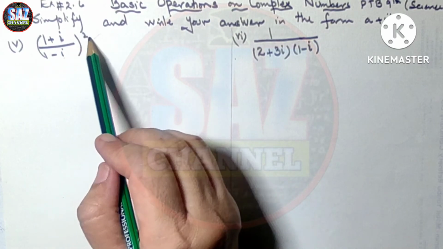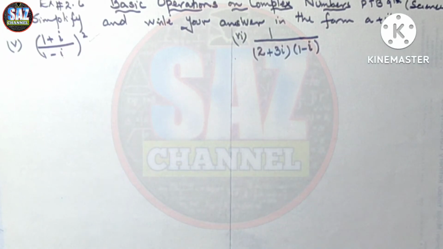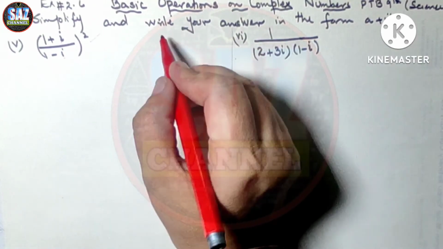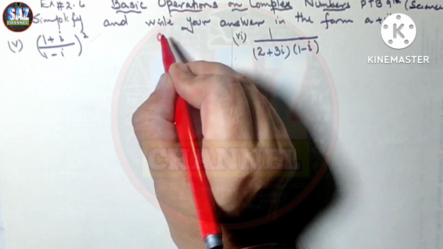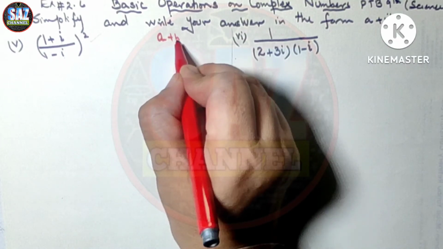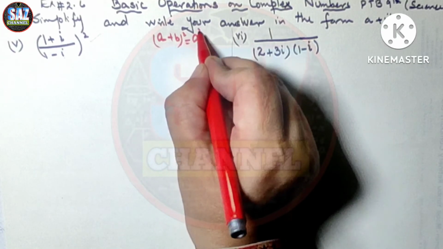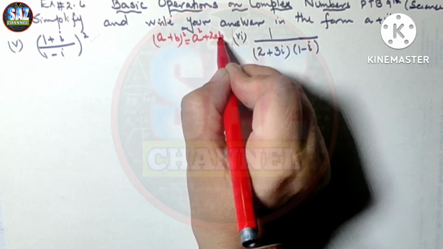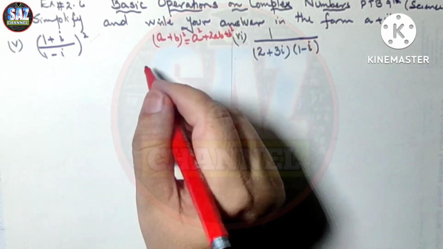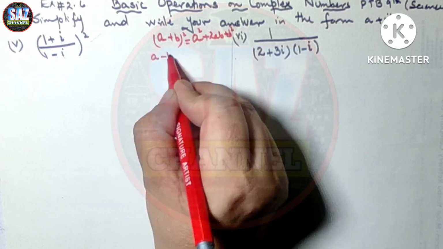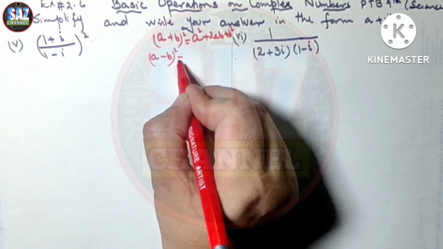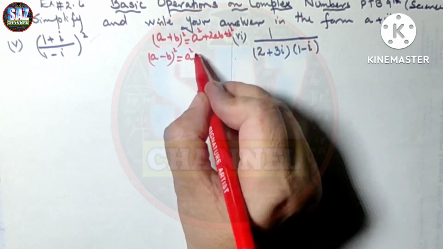First, you have to recall the perfect square identity with sum: (a + b) whole square equals a square plus 2ab plus b square, and (a - b) whole square equals a square minus 2ab plus b square.